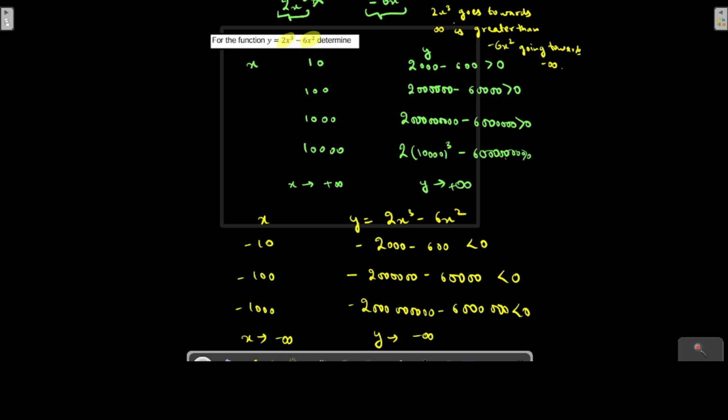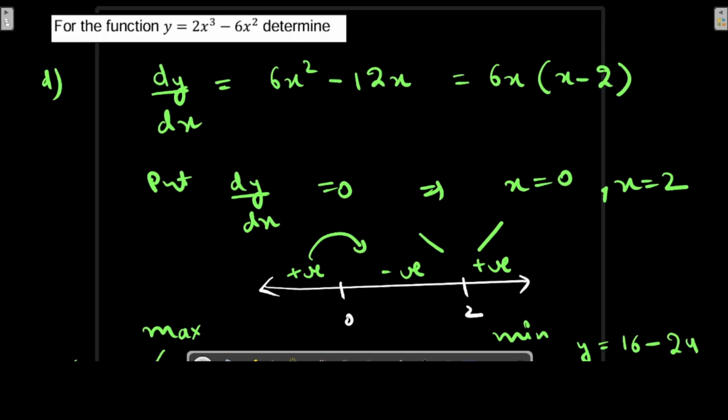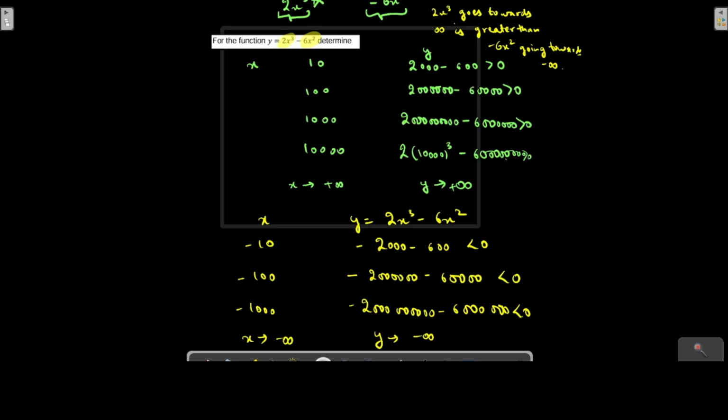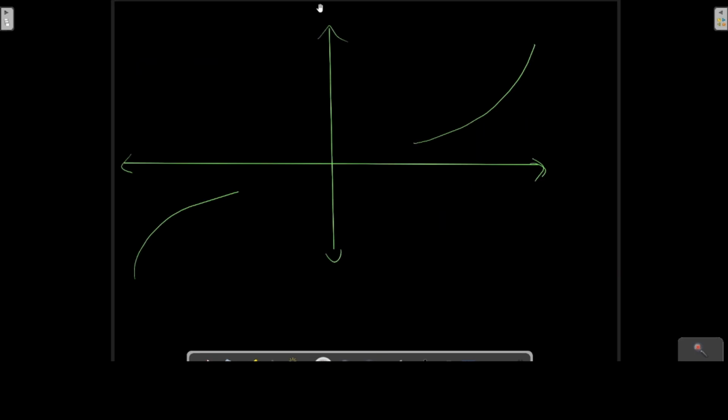That's what the trend is. Then comes your stationary point. So at 2 it's negative 8 and at 0 it's at 0. So at 2 it's negative 8. So it's 2 comma negative 8. Okay. So it passes through this point.